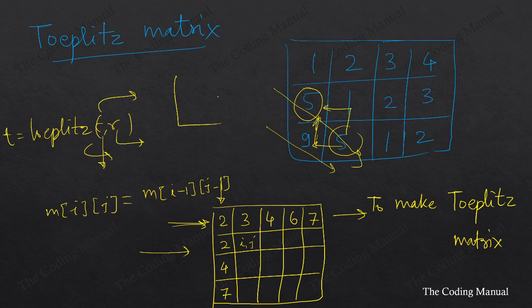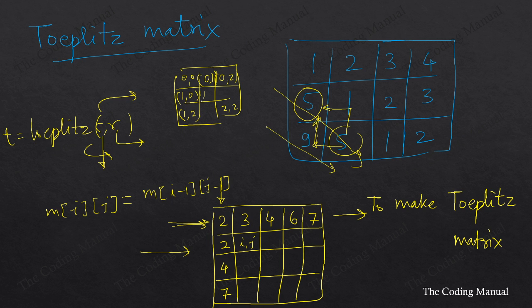So this is kind of 0 0, 1 1, 2 2, and 1 0 and 1 2.